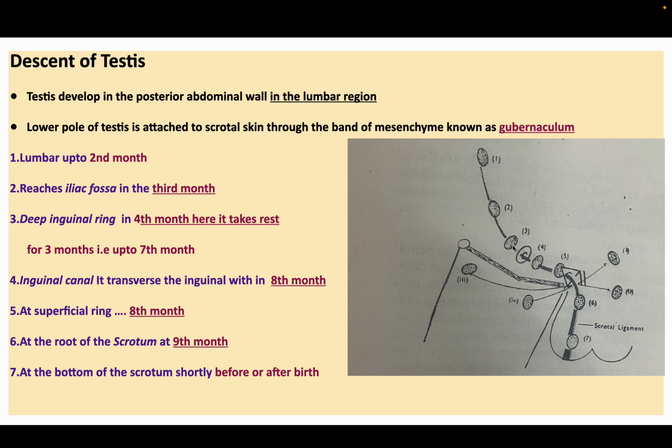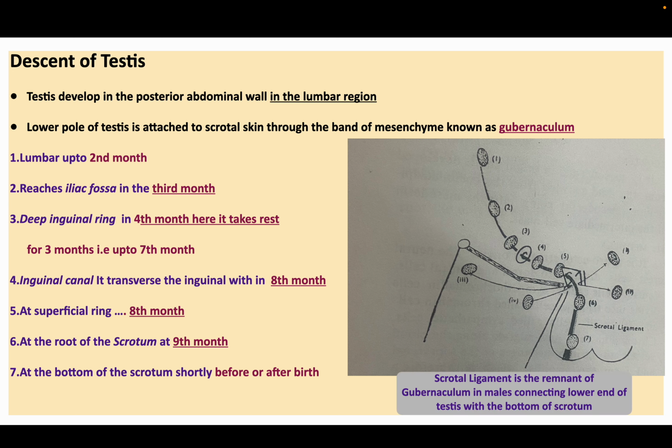Here it takes rest and remains for 3 months, up to the 7th month, at the deep inguinal ring. Then it passes through the inguinal canal in the 8th month. At the superficial ring it is coming at the 8th month, at the root of scrotum at the 9th month, and at the bottom of scrotum just shortly before or after birth. So this is the normal descent of testes from lumbar region to the scrotum.